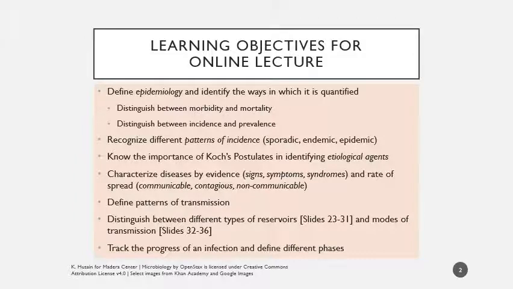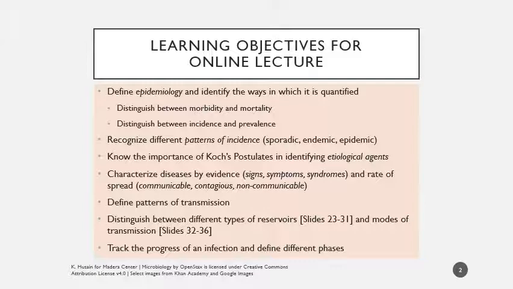We'll be focusing on defining epidemiology and thinking about the ways in which we quantify it. There are different metrics here and different ways of thinking about this transmission and the severity of it. So we'll distinguish between morbidity and mortality, as well as between incidence and prevalence. We'll also look at different patterns of incidence, so whether the disease is sporadic, endemic, or epidemic, and what we mean by those terms.